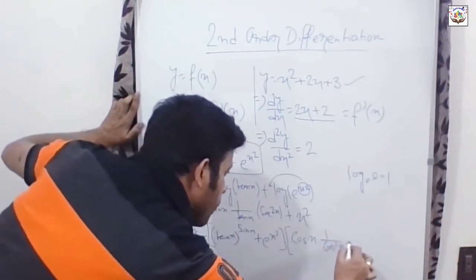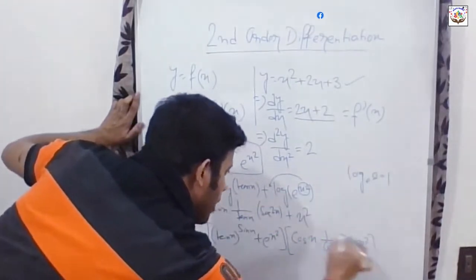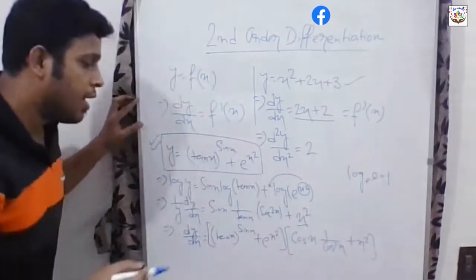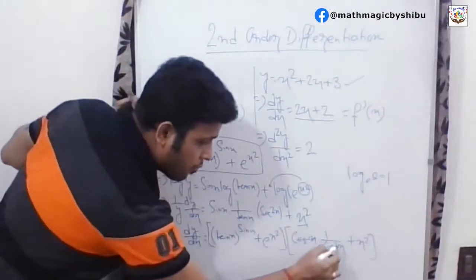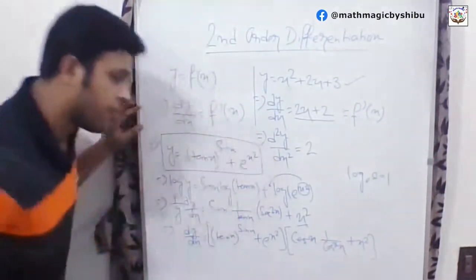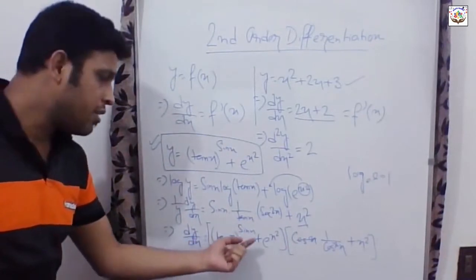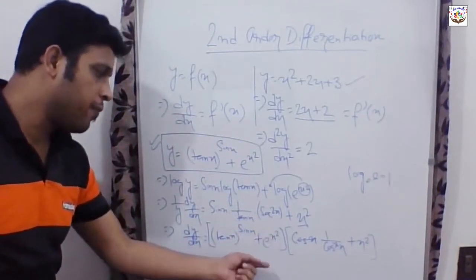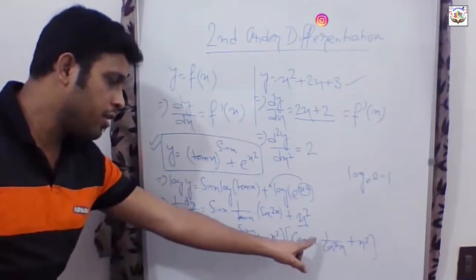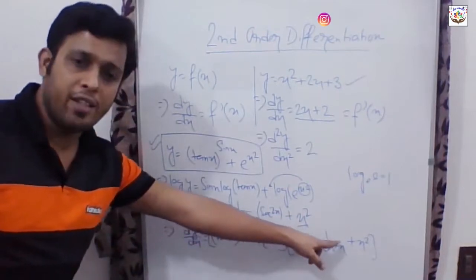Okay, plus the normal x square we have. Now one cos x can be cancelled out from both the numerator and denominator. So we have tan x to the power sin x plus e to the power x square, multiplied with 1 by cos x plus x square.